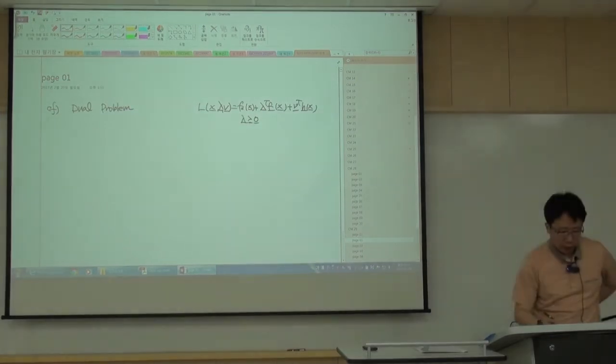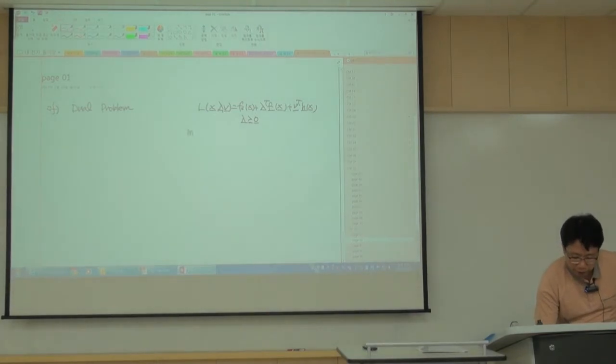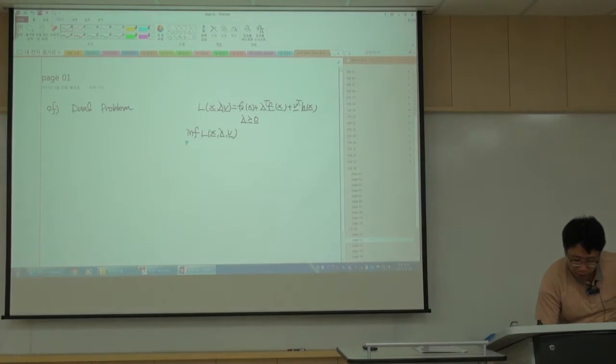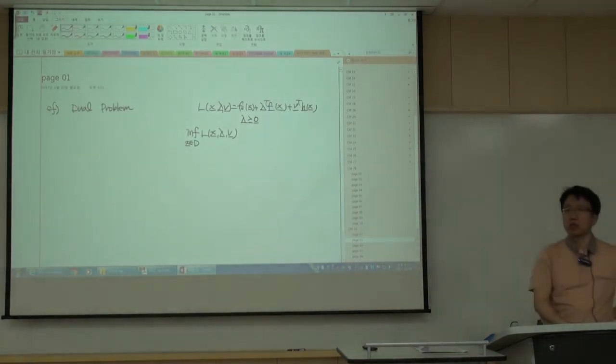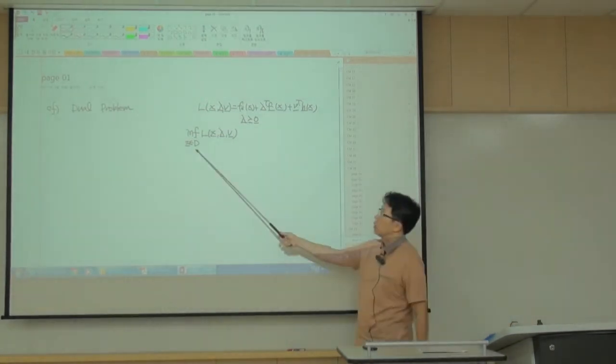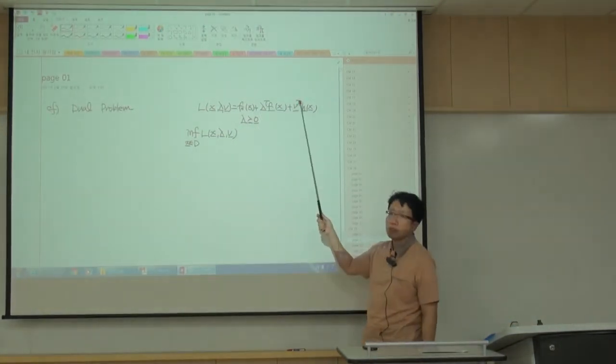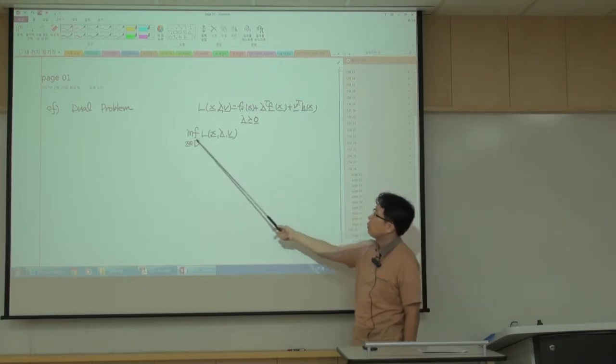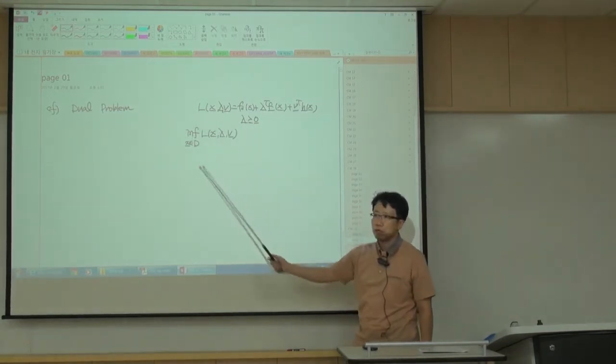Okay, and we infimized the Lagrangian over x only, by choosing, for example, the domain of these functions as the domain of the constraint set of this infimization.